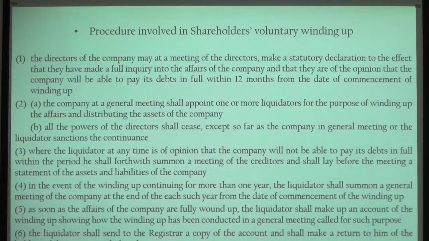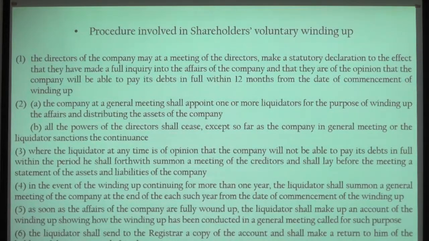Now, if the liquidator fails to adhere to this procedure as well as to keep the timelines, or to keep the meetings each year within the time frame, he would be liable for the penalty that is mentioned in the Companies Act.